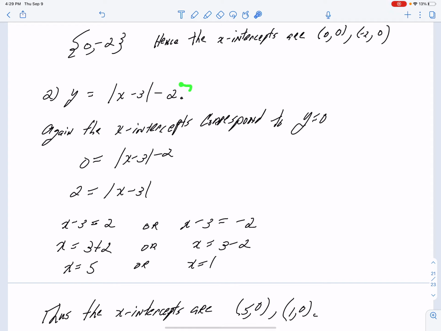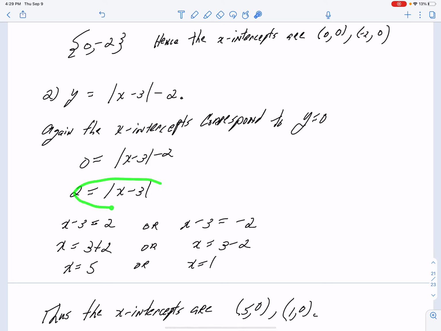Finally, let's look at the equation y is equal to the absolute value of x minus 3, minus 2. How could I find the x-intercepts there? Again, x-intercepts correspond to where y is equal to 0. So I plug in y equals 0, and I get 0 is the absolute value of x minus 3 subtract 2.